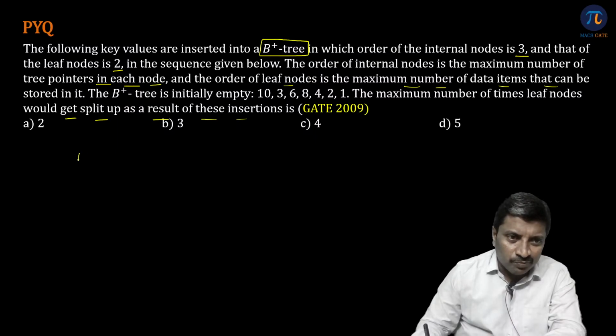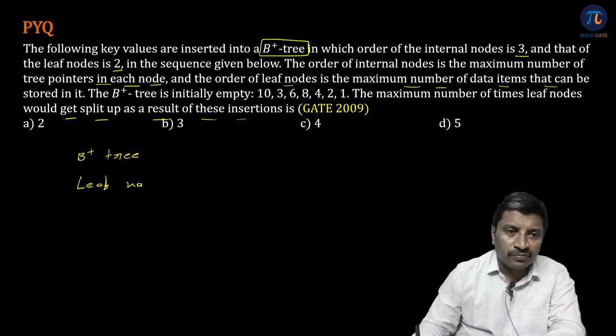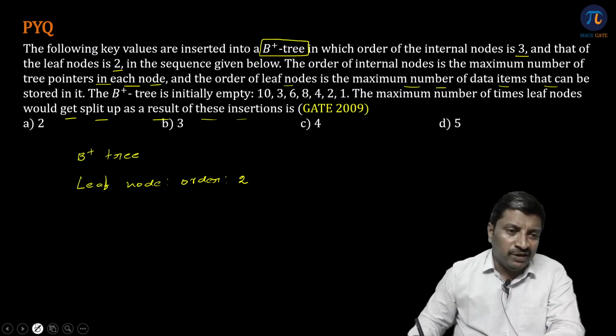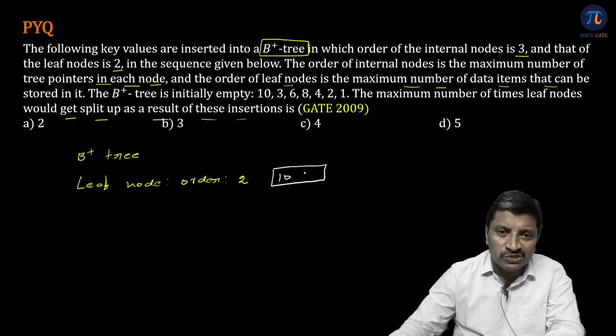Sir, the first important point is B plus tree, right? So when coming to leaf node, what is the order, sir? 2. What does it mean? A node can have maximum of 2 values. So whenever I have 2 values, suppose 10, 40, there is no issue.